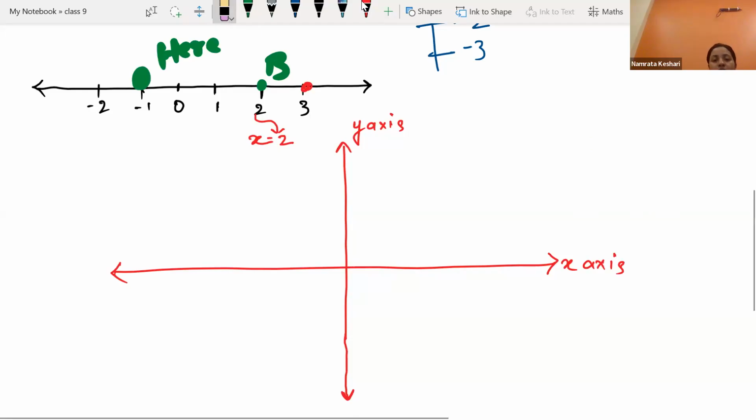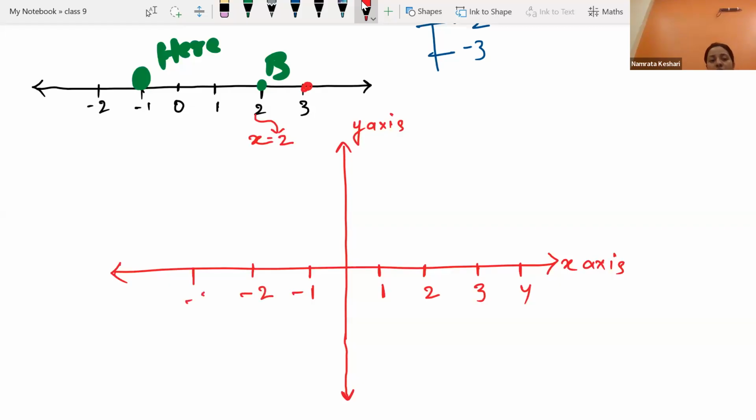This is 1, this is 2, this is 3, this is 4. On the other side we have -1, just the basic integers. Why am I writing till 4? It is not just till 4, it will go till infinity in the left direction and the right direction. I'm not able to write till infinity, that's why I'm just writing a few numbers.